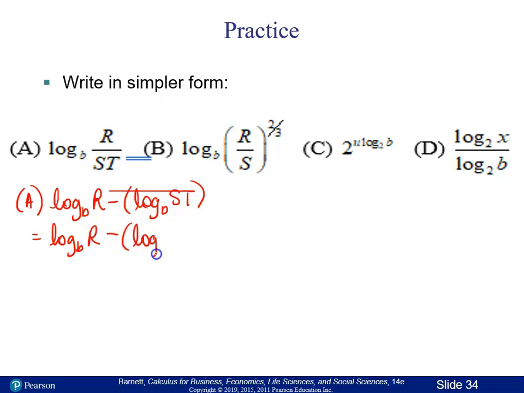So this would be the log base b of s plus the log base b of t, because these were multiplied together, so we'll break them apart to be addition. And then we can go ahead and distribute that negative.